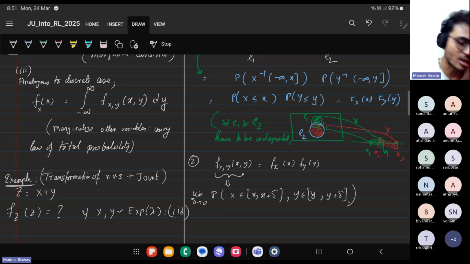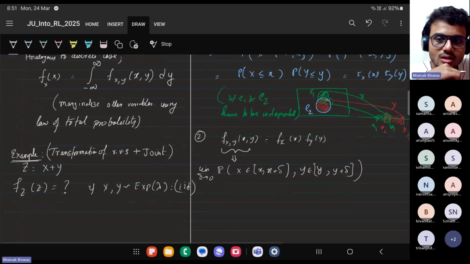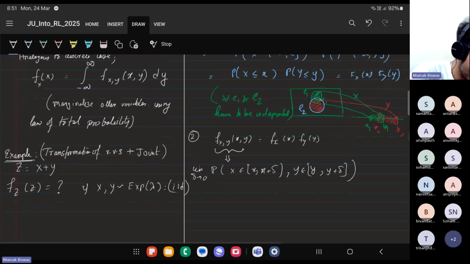Fine. This is okay. I can write this. Do you agree? This is same as the integral between x and x plus delta, and y and y plus delta, of f of x, y dx dy. Yes or no?